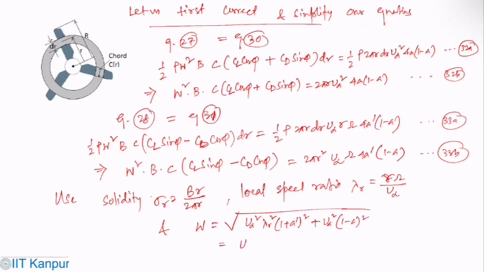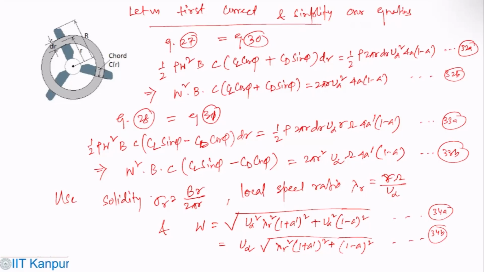So this you will have u infinity square times lambda r square 1 plus a prime square plus 1 minus a square. So let's say 34a, 34b.